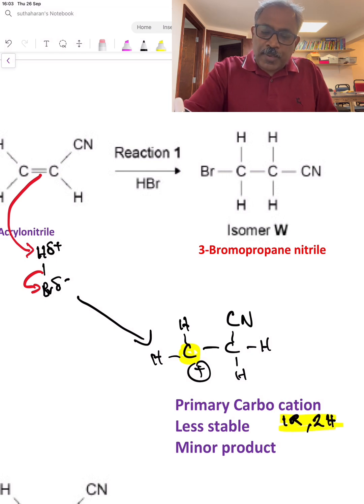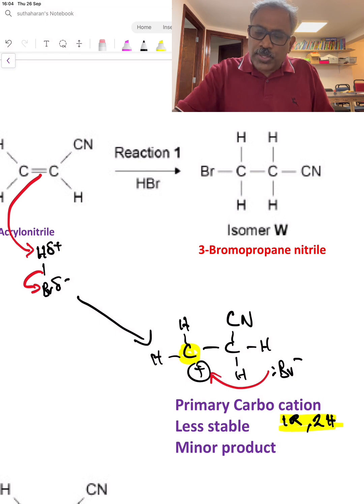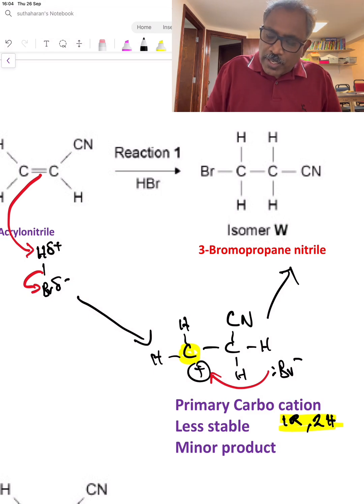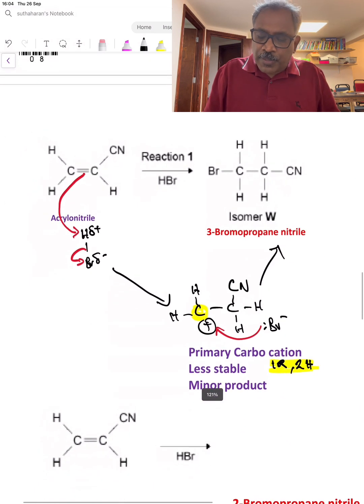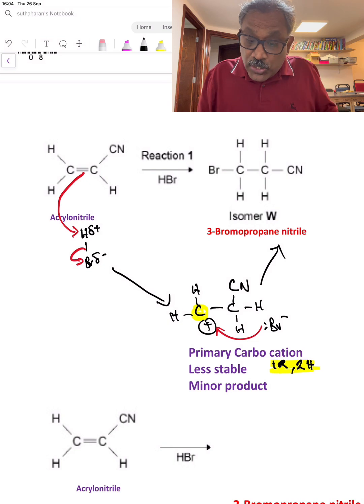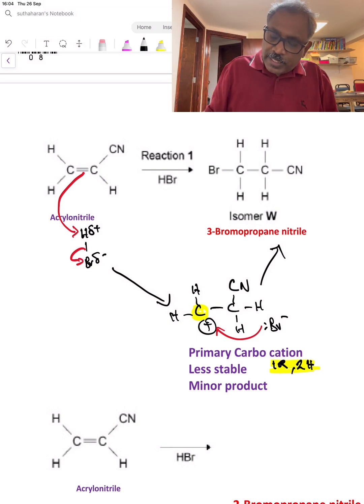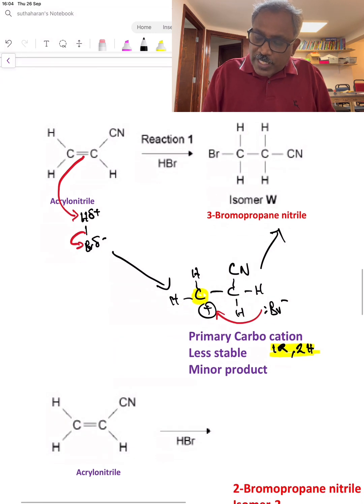The second step in this mechanism, your bromide ion attacks the carbocation to produce your isomer W, which is 3-bromopropanenitrile. So for the 6-marker question, there are 2 marks available to you: the mechanism and the carbocation intermediate. The primary carbocation is much less stable, which produces the minor product.